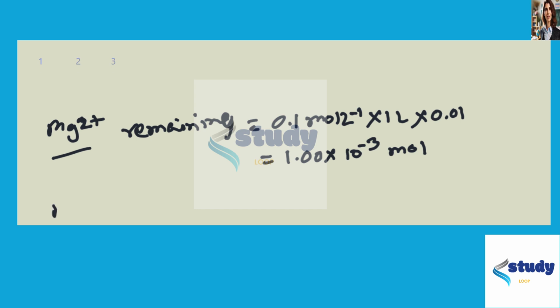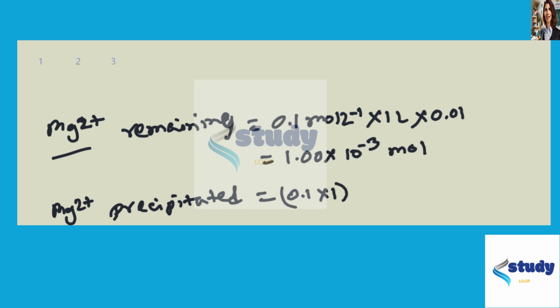That means the magnesium ion precipitated is the original number of moles, 0.1 times 1, minus this remaining number of moles, and the result here is 0.099 mole.